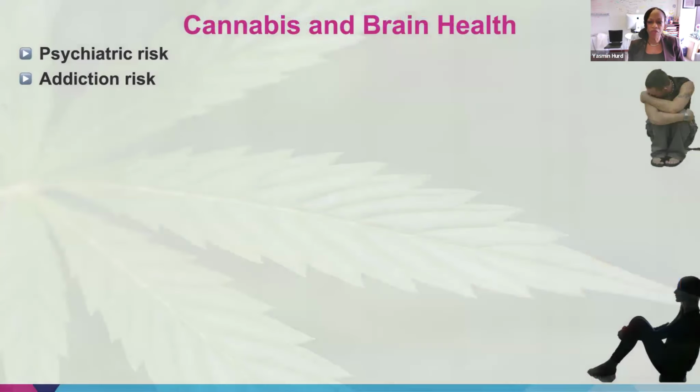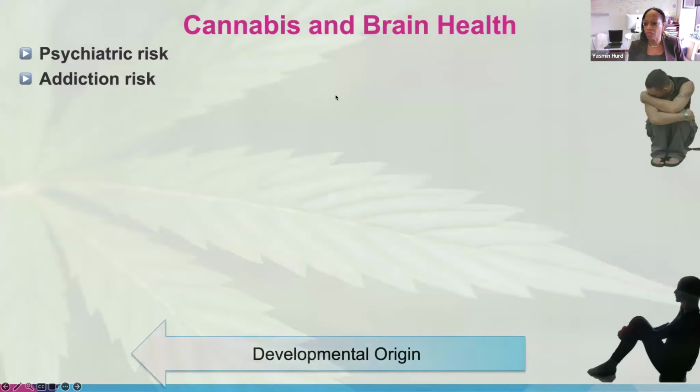So that's why when we think about brain health in regard to cannabis, the developing brain is a really important question for us, because indeed we know now that even though most psychiatric disorders are diagnosed in adulthood, they have a developmental origin.